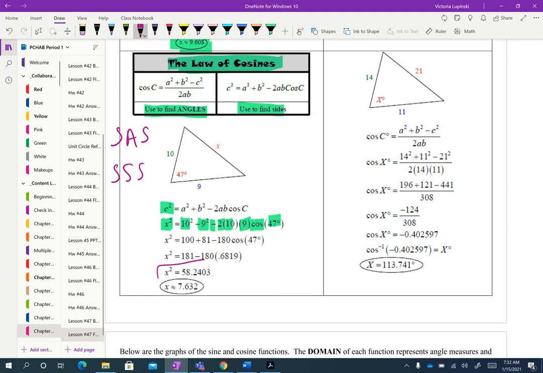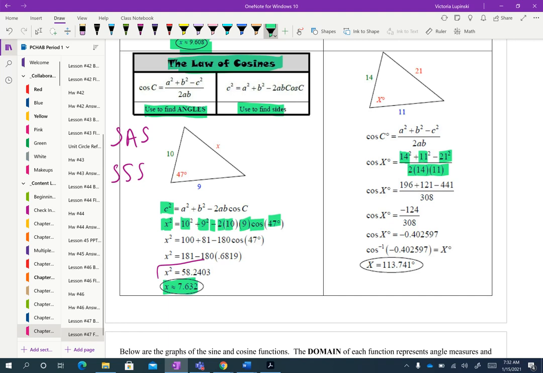Again, we have examples of this back in our notes, but I just wanted to give you a refresher without making you write every single thing down. Over on the right-hand side, notice that you have side, side, side. So if you have side, side, side, you're going to potentially use the version that isolates the angle. Remember, the general pattern of the angle is one side squared plus the other side squared minus the matching side squared, divided by 2 times the other 2 sides.